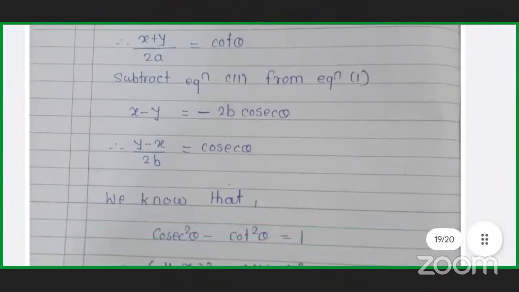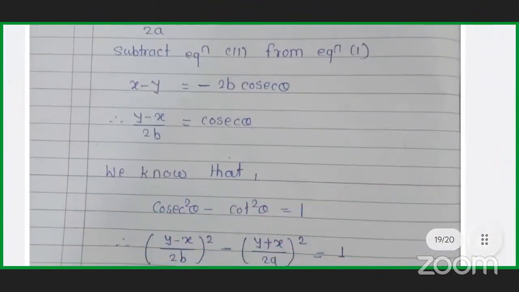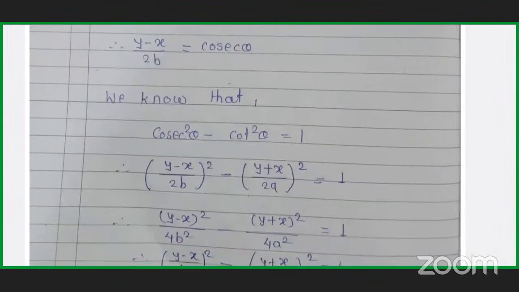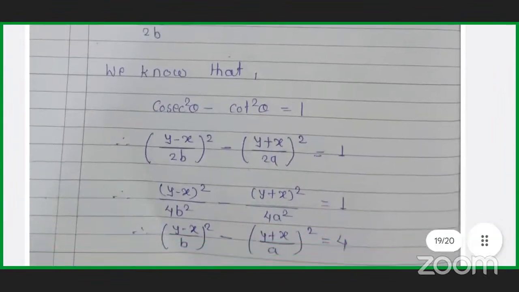So we know the relation between cosec and cot, that is cosec square theta minus cot square theta is equal to 1. We have to put the value of cosec theta. What is the value of cosec theta? Y minus x upon 2b, bracket square. And we put the value of cot theta, that is y plus x upon 2a, bracket square, is equal to 1.